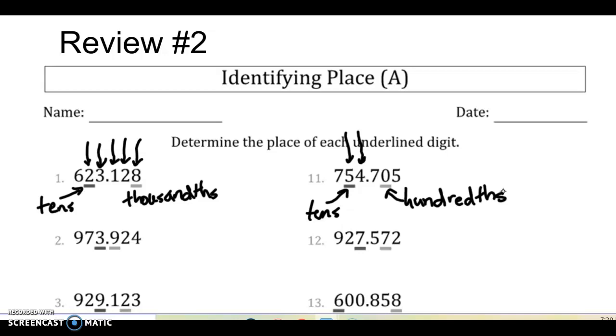I don't know if you can hear it that well, but the 7 is the hundreds column. And the 0 is in the hundredths column. There's a TH at the end, and there's no TH here. So just to make sure you know the difference between the two.